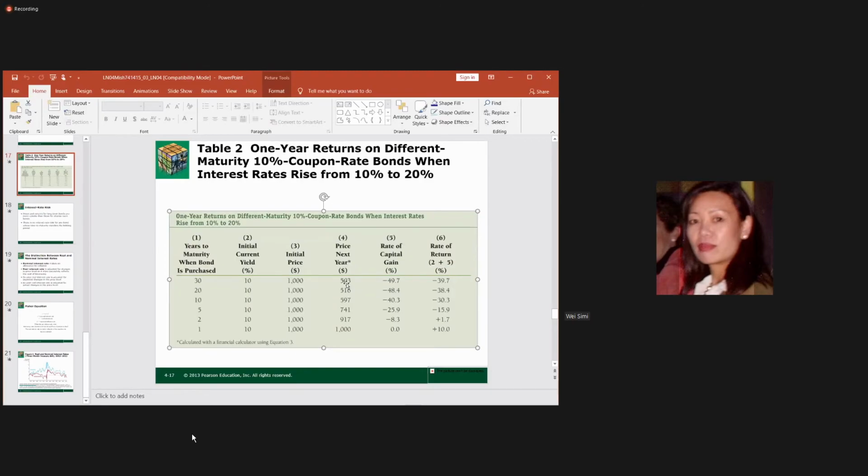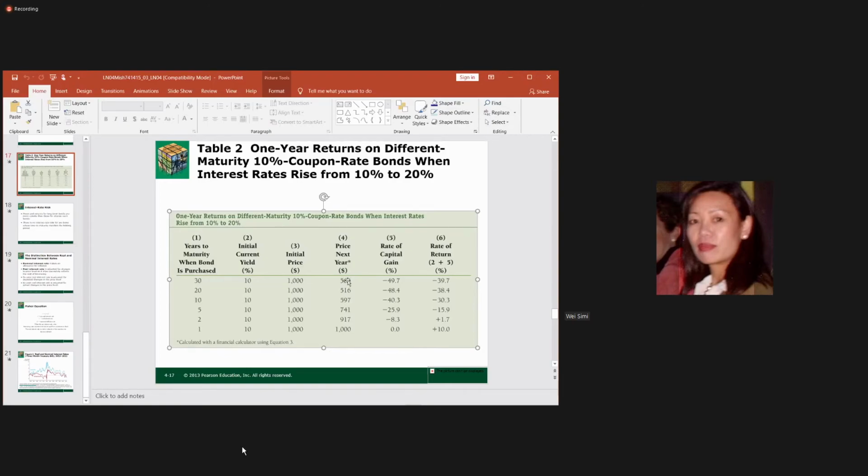The capital gain, is that for the borrower? The capital gain is what you gain or lose if you hold this bond, right? So let's say the bond you buy at the beginning is at par, 1,000, okay? At the end of 1 year, this bond is trading at 503, right?